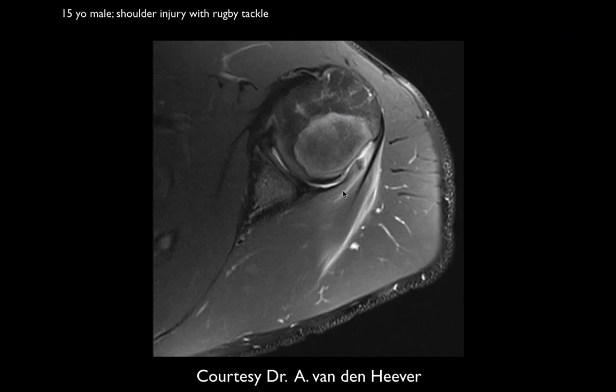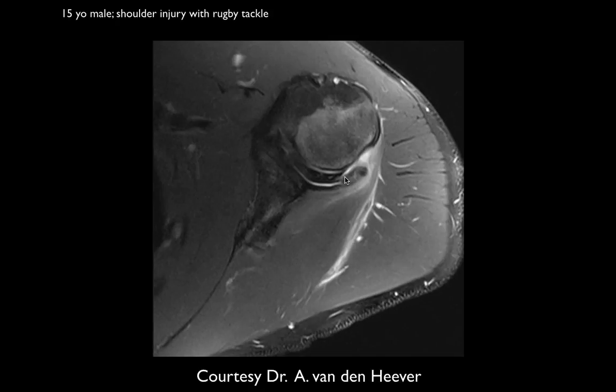So this is inferior, and it's coming back toward the capsule, notice, as opposed to the rotator cuff. This is really more the capsule, and remember the inferior glenohumeral ligament is really a thickening of the capsule. This is an avulsion of the capsule off here, deep to the teres minor tendon, and it's pulled in.